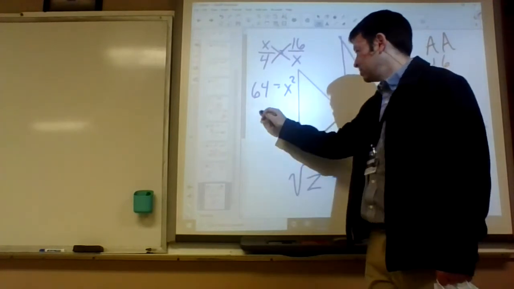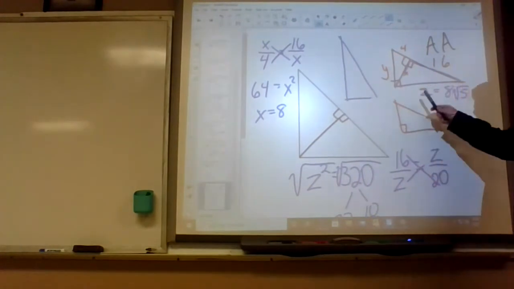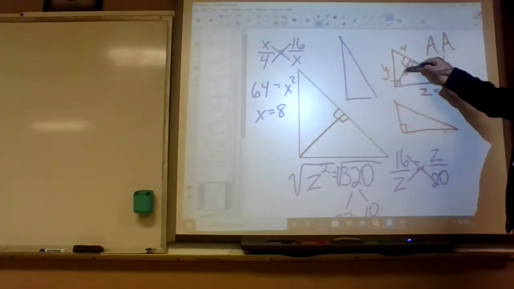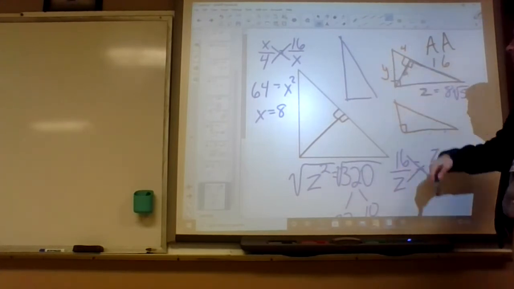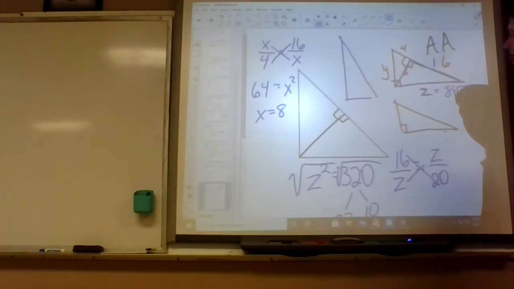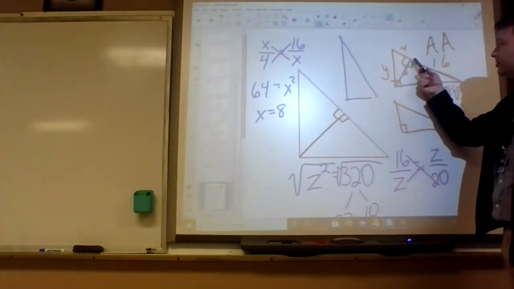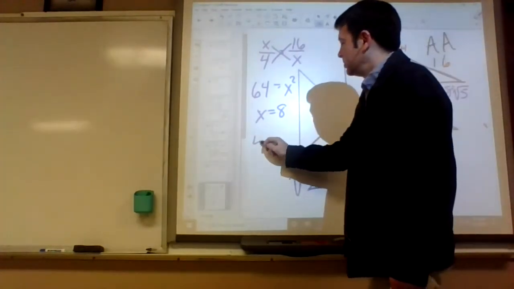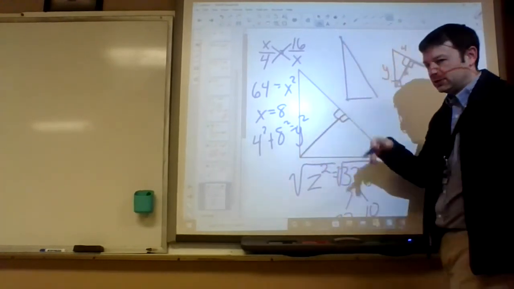And we could kind of cheat and do 4 squared plus 8 squared equals Y squared, right? That might be a little bit quicker. We could set up another proportion with Y like that. Or we could do Pythagorean theorem, 4 squared plus 8 squared equals Y squared.